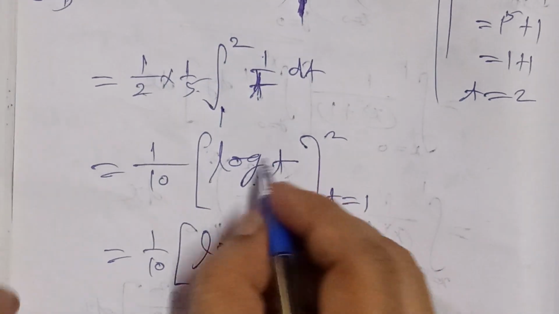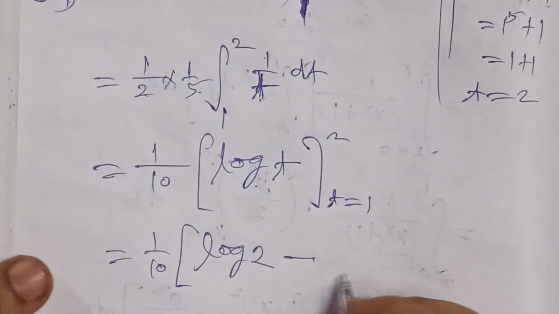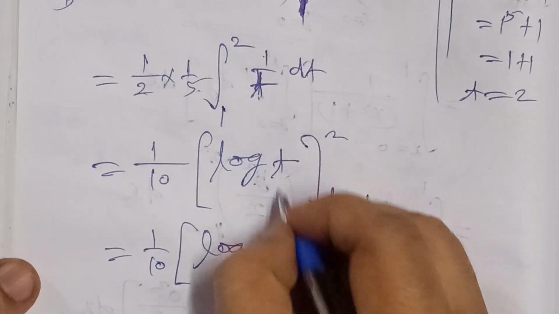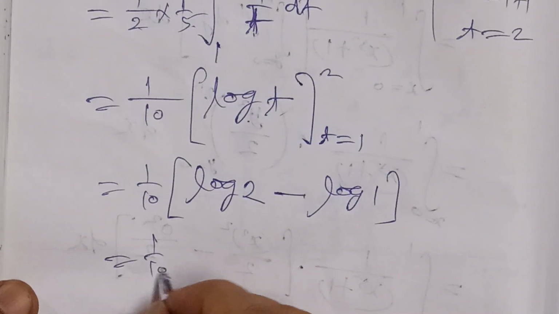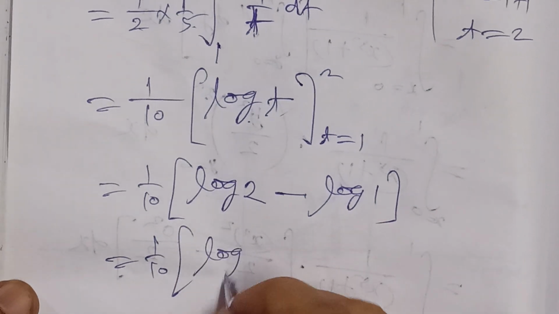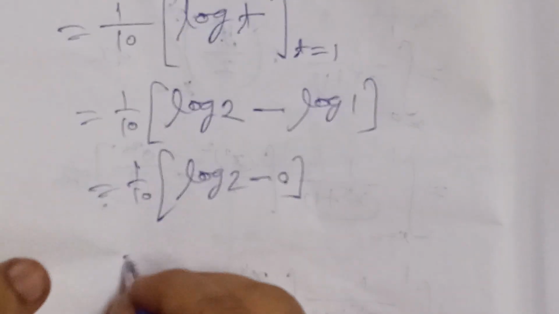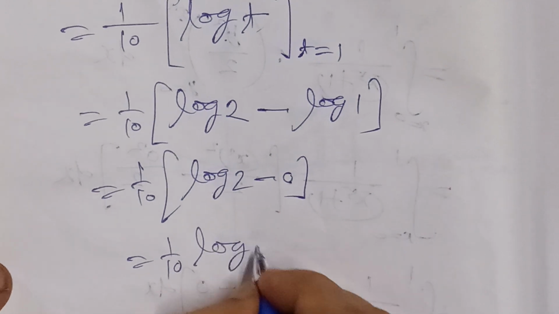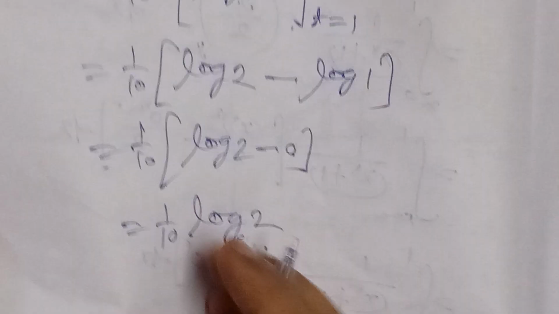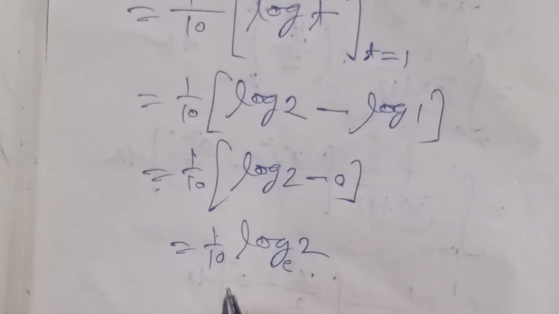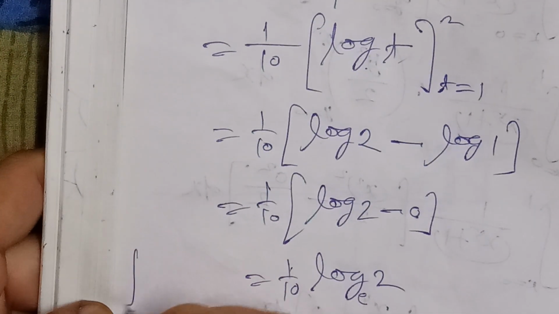We find the lower limit by putting the value of t, which is 1, in log t, and because log 1 is equal to 0, we get 1 upon 10 log 2. Here the base is e. We have proved this integration is 1 by 10 log 2, which was to be proved.